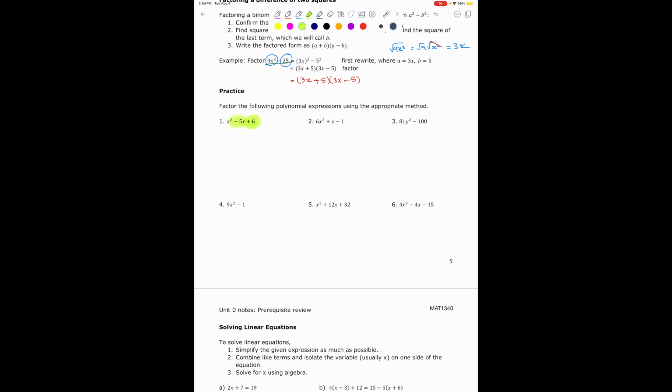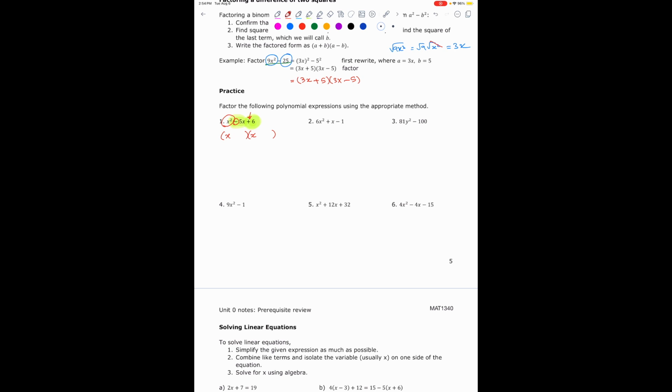Okay? In other words, when you see that the sign of the last term or the constant is positive, that means you have similar signs, and these signs both are going to follow the middle term sign. So I know immediately that first I factor the first term, so x squared is x times x.